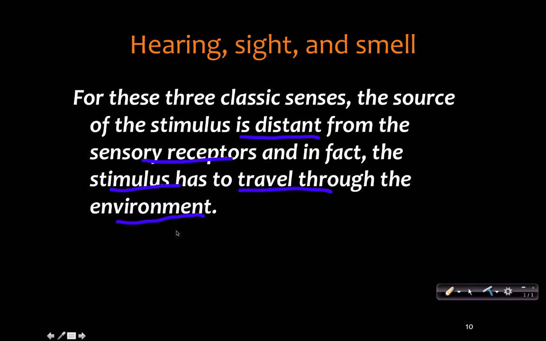The traveling through the environment, more often than not, is going to cause some degrading of the stimulus, of its amplitude for sure, and also add some possible other contaminants to that. But the key notion here is that for the senses of hearing, sight, and smell, these are distance receptors. These are things that allow you to perceive and to experience something that's happening away from your body, not on your body.